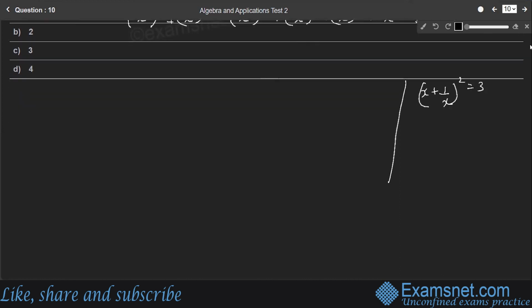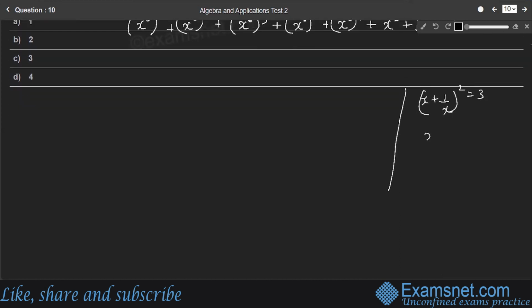Therefore, x plus 1 by x is equal to root of 3. So let us cube both LHS and RHS.